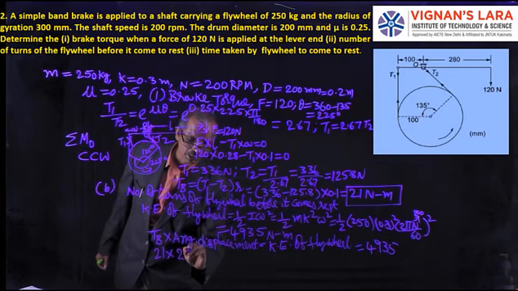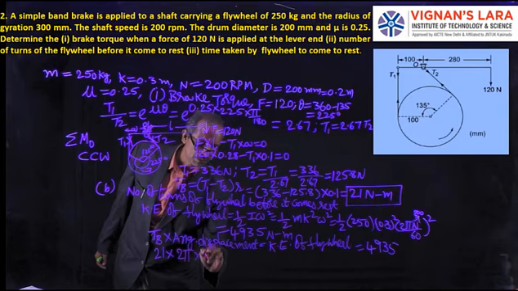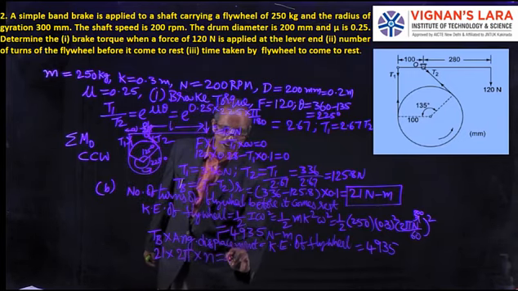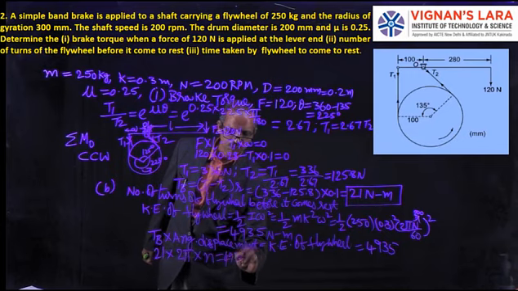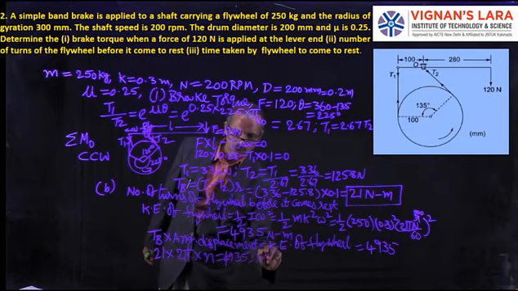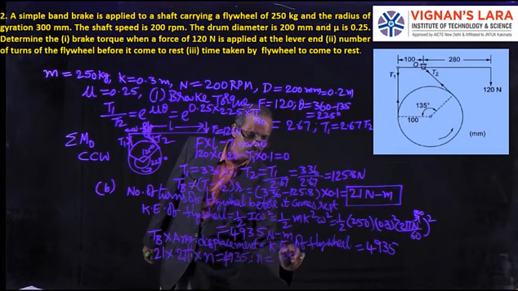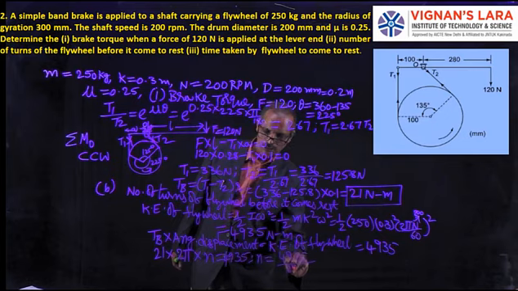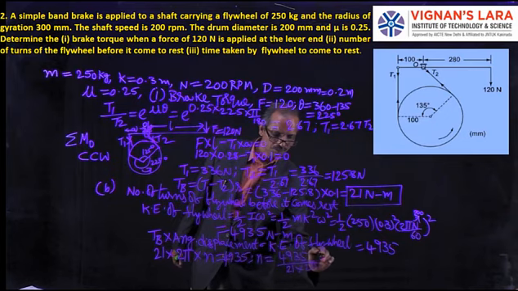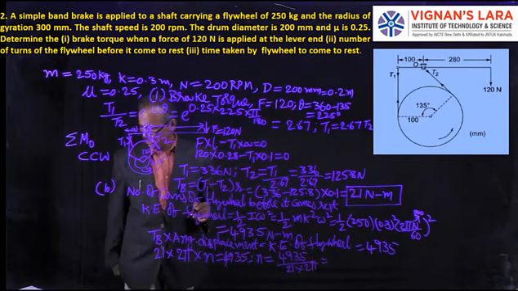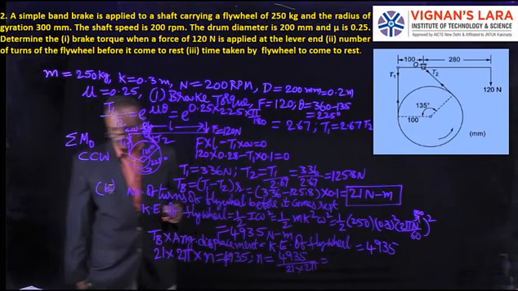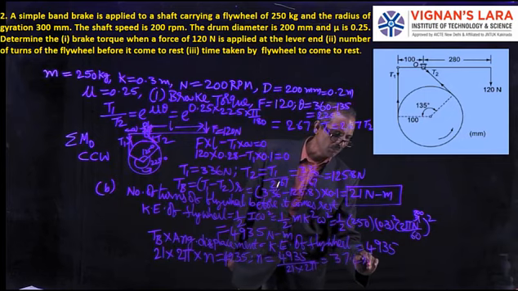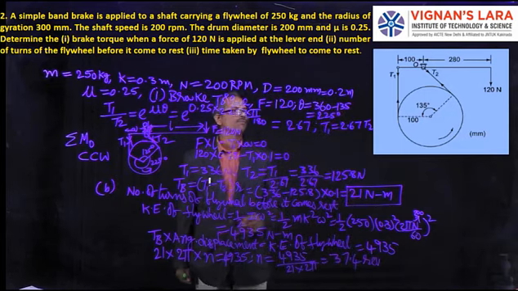So 2 pi into some number of revolutions N is equal to 4935. Then N is equal to 4935 by (21 into 2 pi). So it gives the number of revolutions, that is 37.4 revolutions. This is the second part.